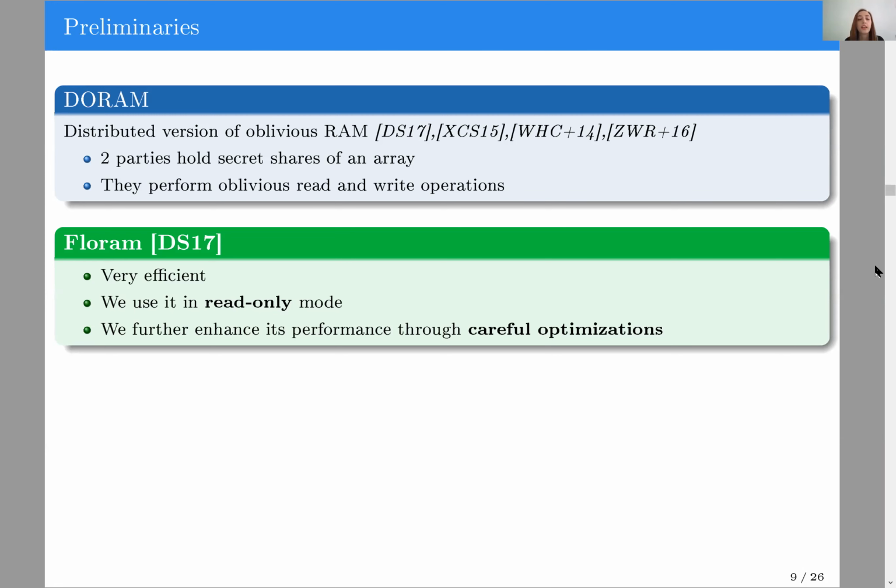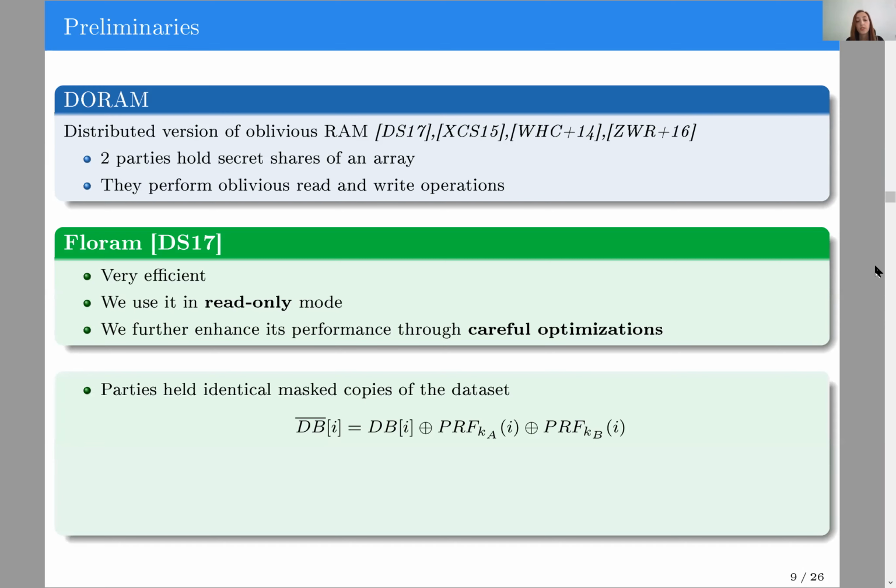So just to quickly describe the read mode of DORAM, the idea is that we have the two parties, and the two parties at the beginning are going to hold identical copies of the dataset. Of course, the database is going to be masked. And the masking of the database is done with respect to a PRF instantiated with secret elements belonging to the two parties.